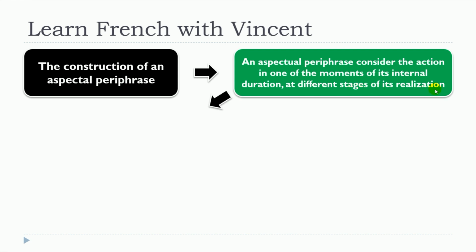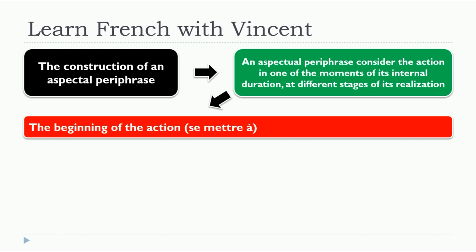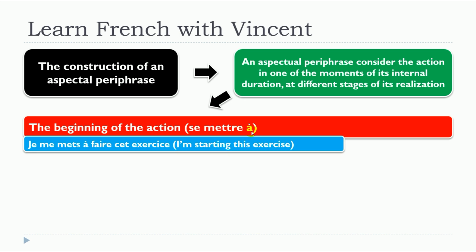So let's have a look and you will see that it's not as complex as it first looks. We'll have three ways, of course, because the first way will be the beginning of the action. And to express the beginning of the action, we will use se mettre à.